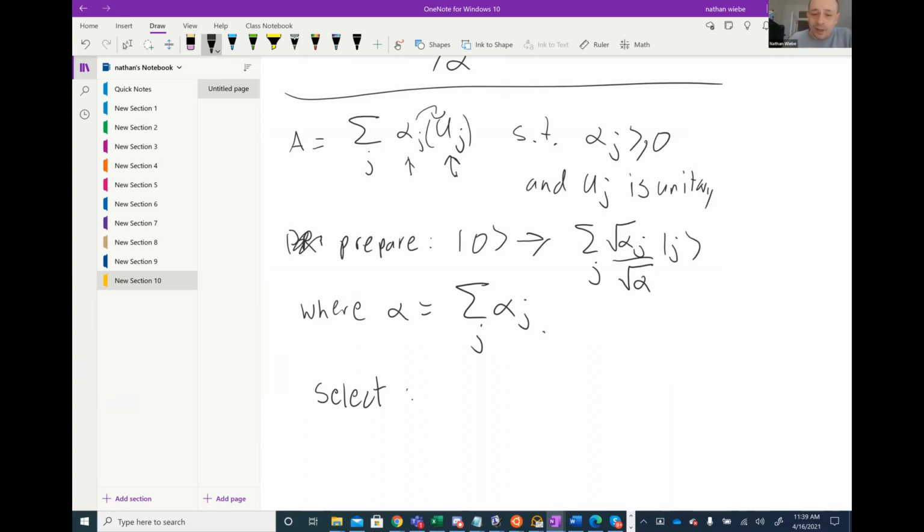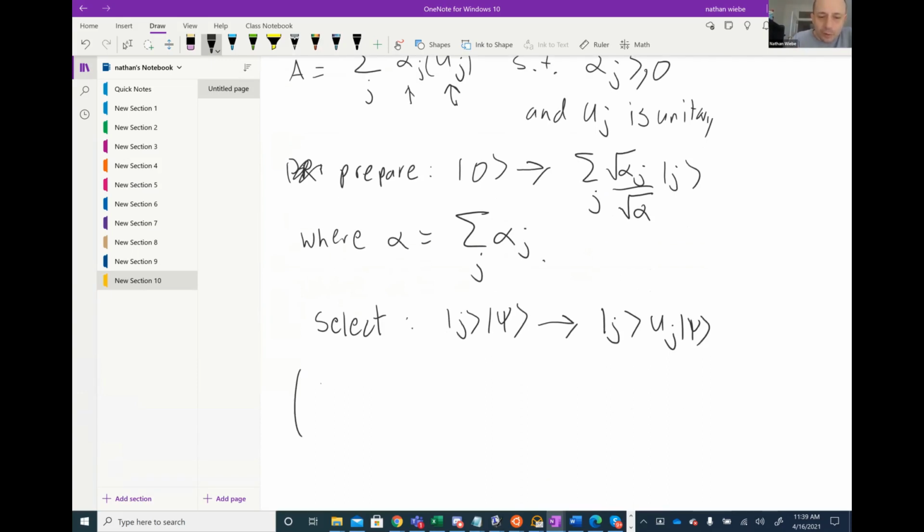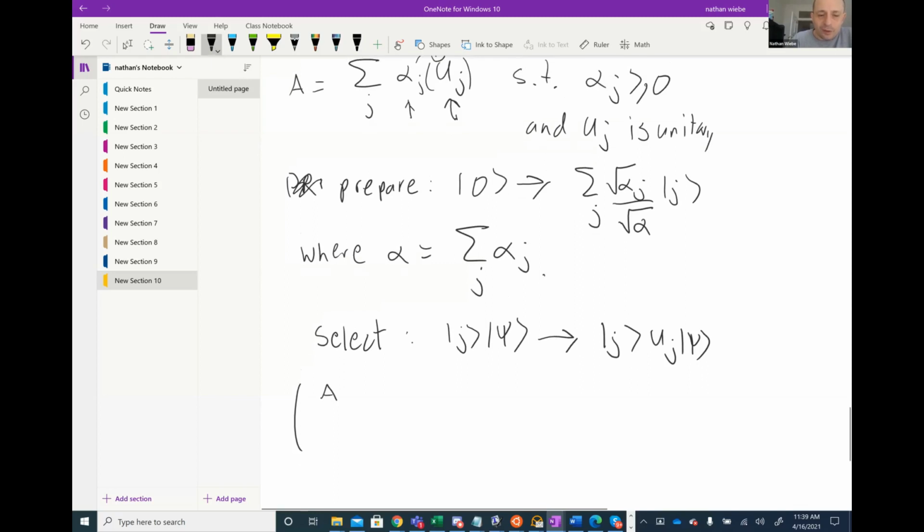So what select does is it will map j and psi, for any j, to j, U_j psi. And our goal here is to create a block encoding of A, which is again the sum of these unitary matrices over alpha, and we don't care about all of the rest of these coefficients in the block matrix.